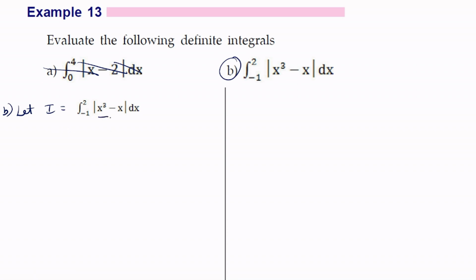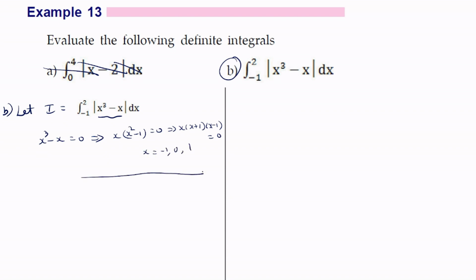Here, if we equate x cube minus x to 0 to find the critical points, it is x into (x square minus 1) equal to 0, or x into (x plus 1) into (x minus 1) equal to 0. So we get x is equal to minus 1, 0 and 1.